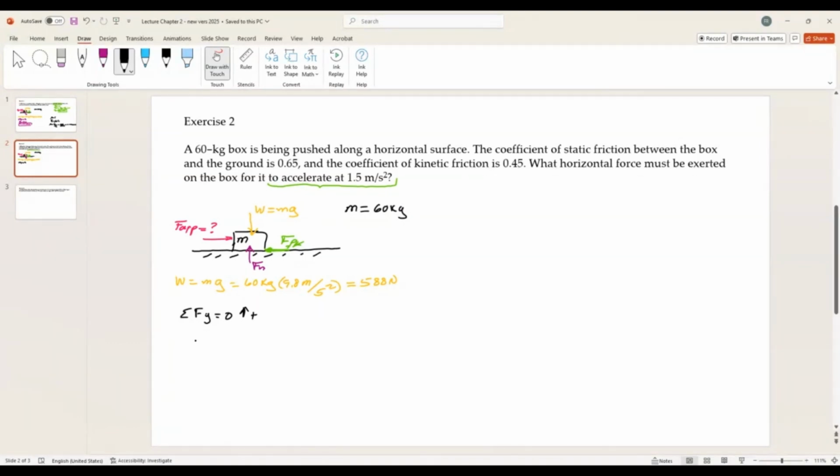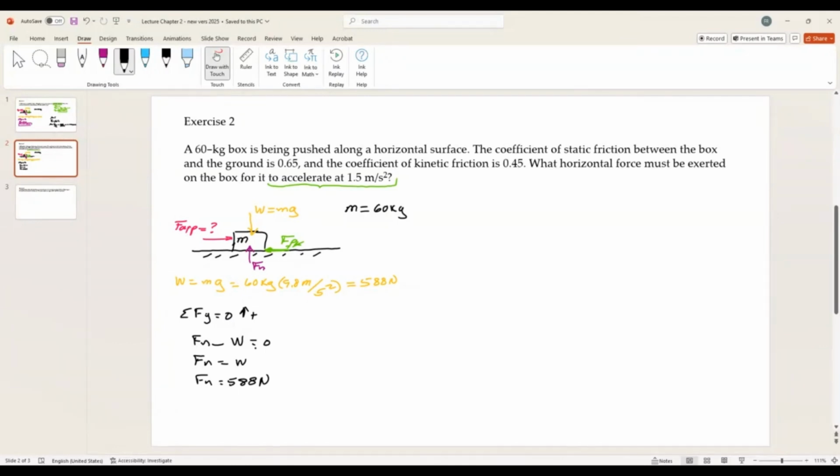Then the normal force will be equal to the weight, right? Because we can say normal force minus weight equals 0. So the normal force will be equal to 588 newtons here. Okay, so now we know this normal force.